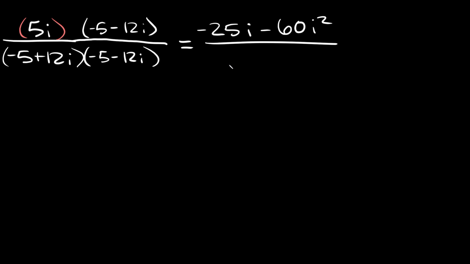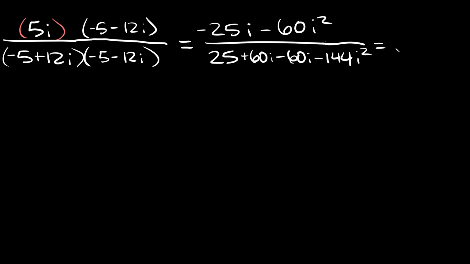All right, and then that's going to go over, multiplying these two, negative 5 times negative 5 is positive 25. Negative 5 times negative 12i is positive 60i. Positive 12i times negative 5 is negative 60i. And then lastly, 12 times negative 12 is negative 144, and then i times i is i squared.